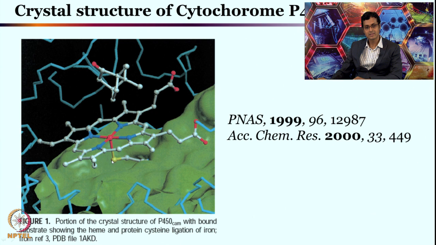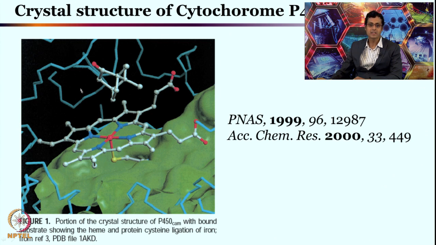In this case histidine is replaced by this cysteine, and we will see that upon oxygen binding at this distal site, so again this is the proximal site, this is the distal site, this oxygen will get reduced by this iron center and subsequently it will try to react with the organic substrate.